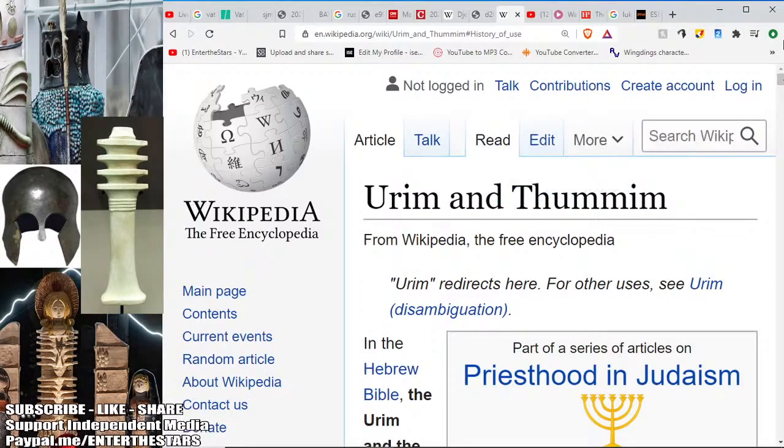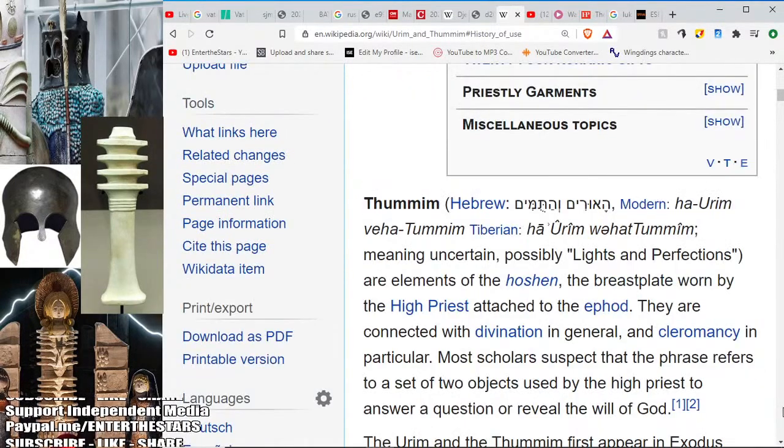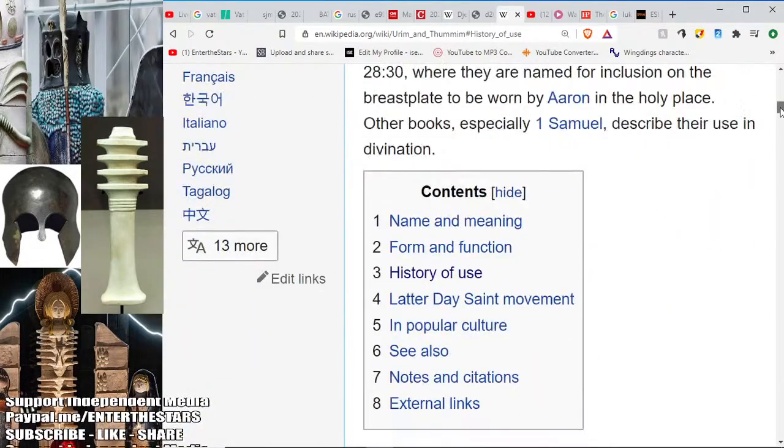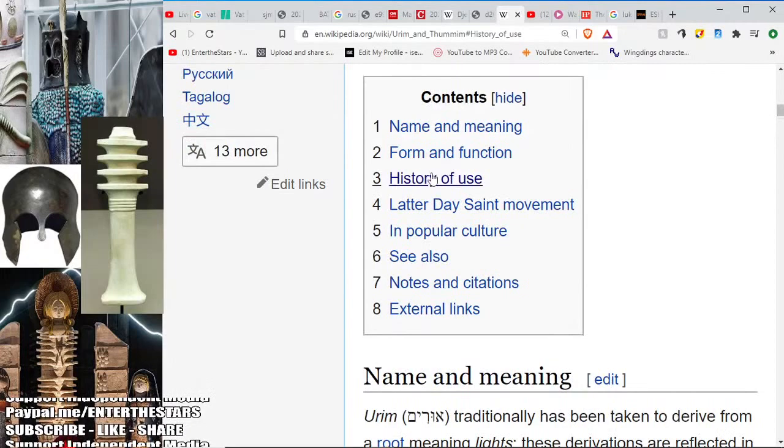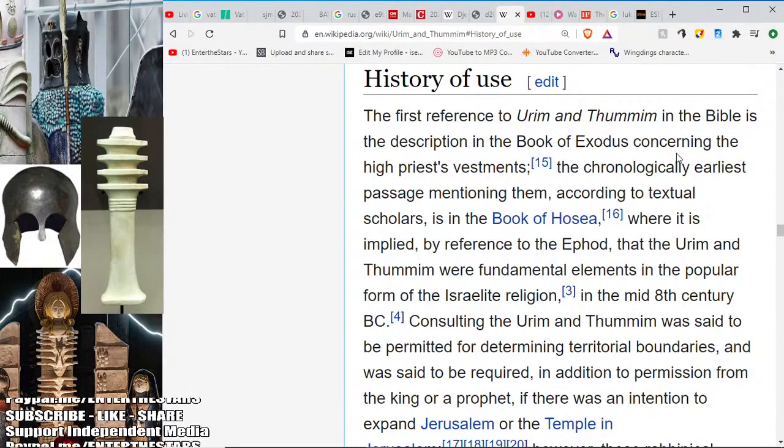Here it is right here. Urim and Thummim. And there are some biblical references to these objects. Light and perfection. They were used for judgment. The first reference to Urim and Thummim in the Bible is a description in the book of Exodus concerning the high priest's vestments.